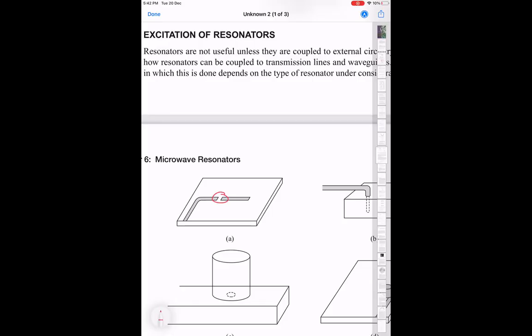Whereas if you don't have the pin at all, then this waveguide cannot propagate any signal because it's a different mode of propagation. That's a circular waveguide with a cutoff frequency, which is much higher than the frequency we are interested in for the resonance. But sticking the pin in causes you to tap into the evanescent field, and then it can excite a TEM mode which can be coupled. Okay.